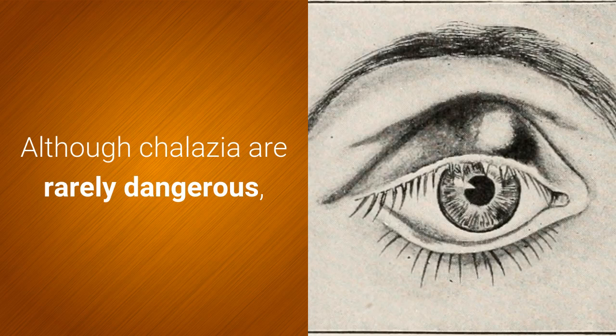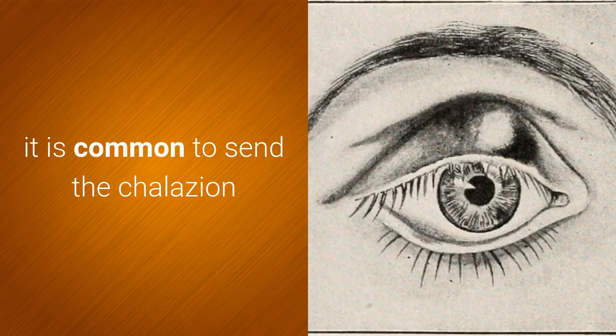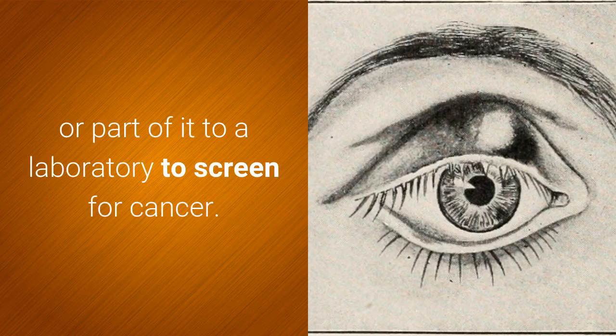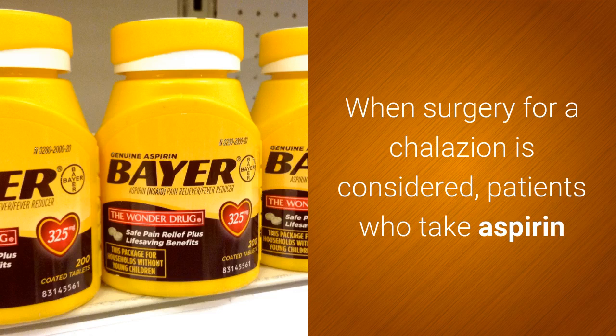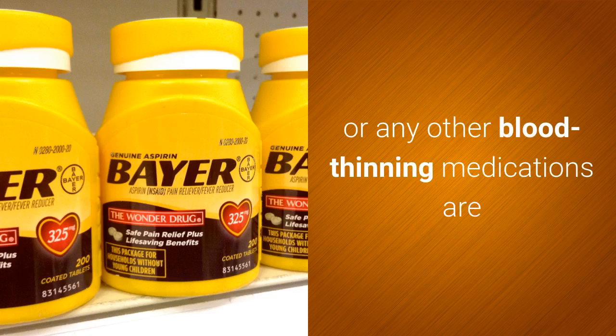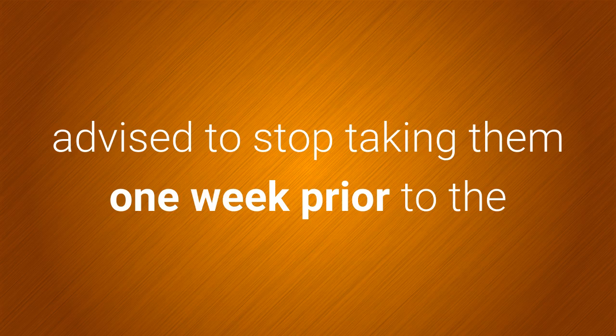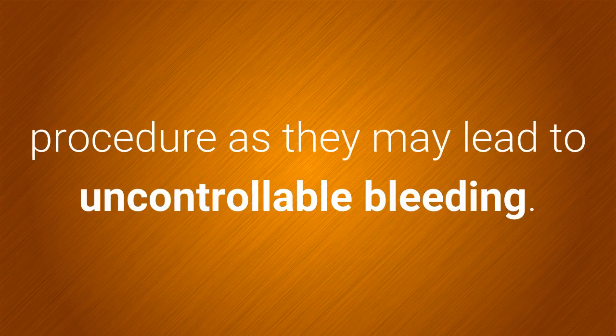Although chalazia are rarely dangerous, it is common to send the Chalazion or part of it to a laboratory to screen for cancer. When surgery for a Chalazion is considered, patients who take aspirin or any other blood-thinning medications are advised to stop taking them 1 week prior to the procedure, as they may lead to uncontrollable bleeding.